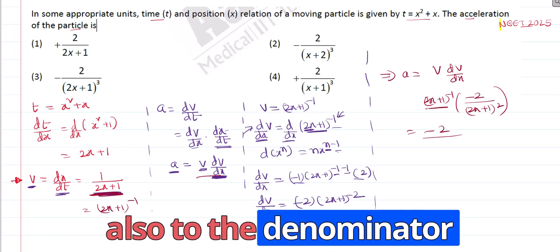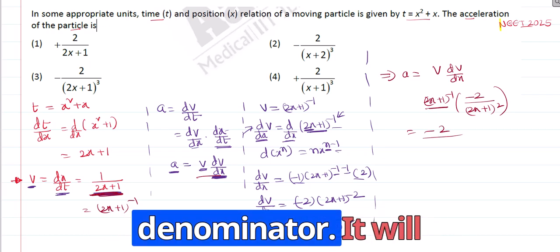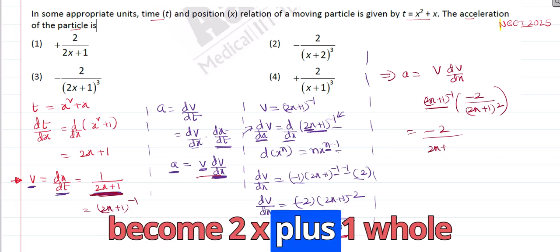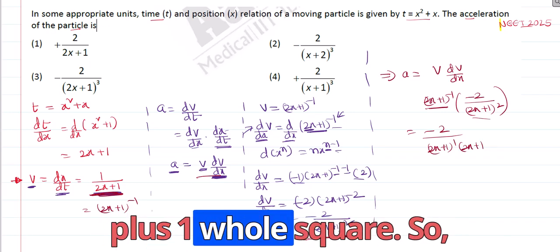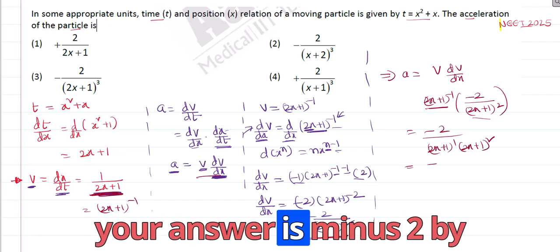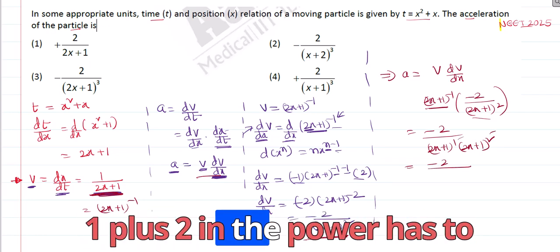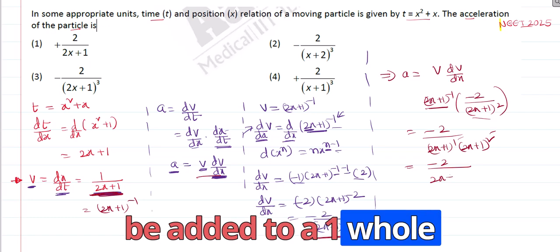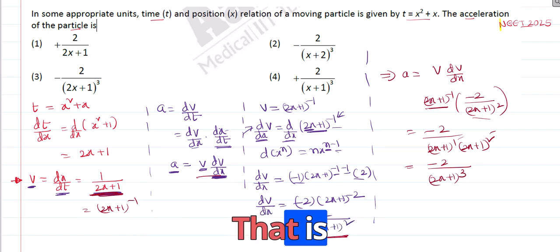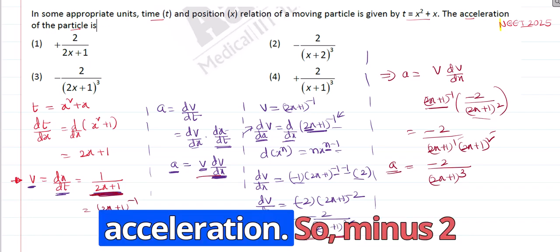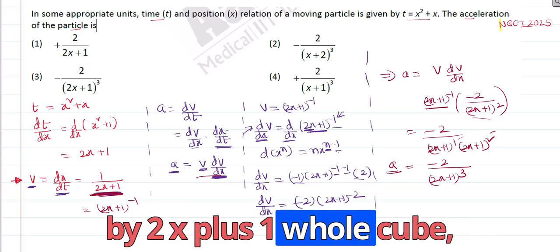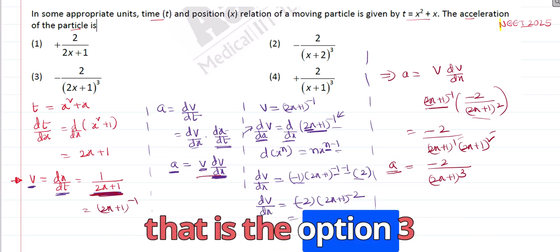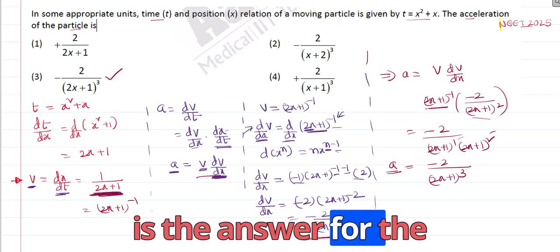Get this also to the denominator because in the options it is in the denominator. It will become (2x + 1) to the power of plus 1, and in the denominator we have (2x + 1)². So your answer is minus 2 over (2x + 1) cubed, since the powers have to be added, 1 plus 2. That's how we get the acceleration. So minus 2/(2x + 1)³. That's the answer. Option 3 is the answer for the problem.